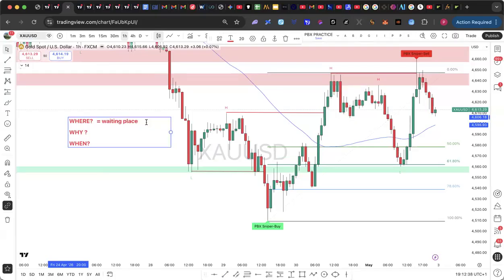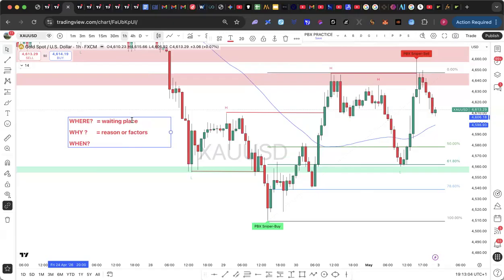Now, second is why. Why will I enter? You are now saying reasons or factors that will make me enter. So this we can refer to as a trigger. This one is the waiting area, or in smart money, we call it footprint, institutional footprint.